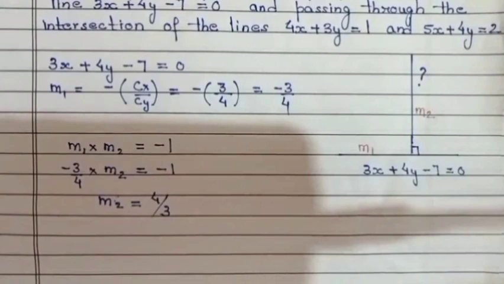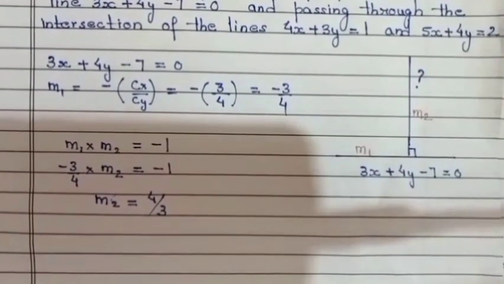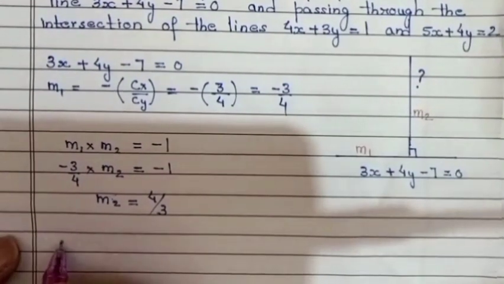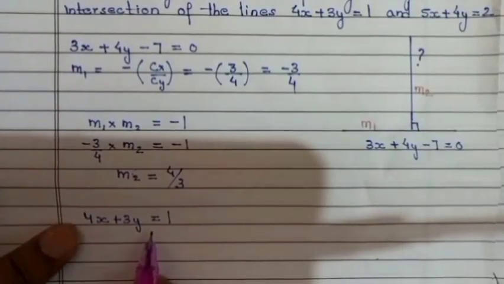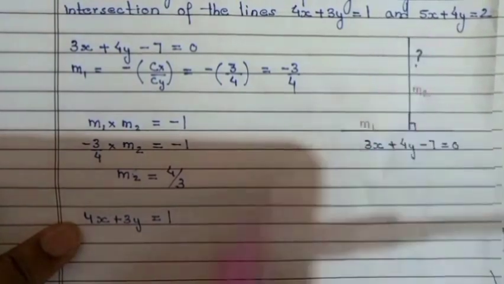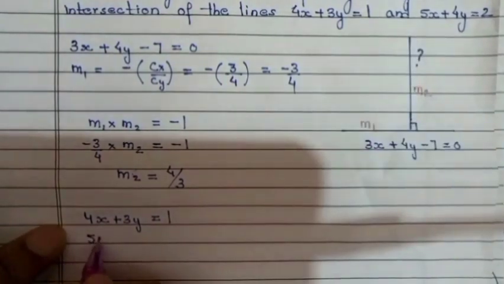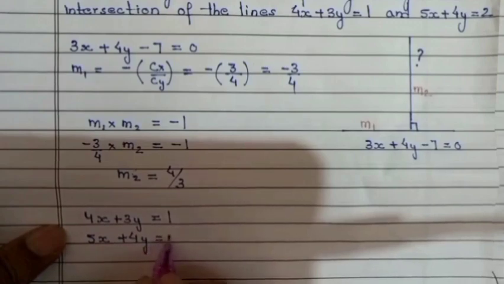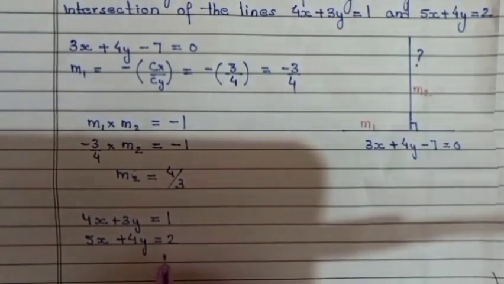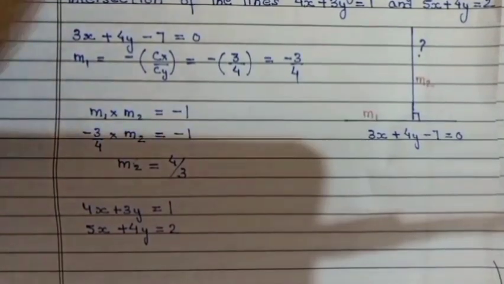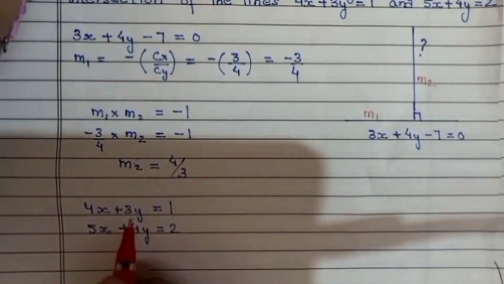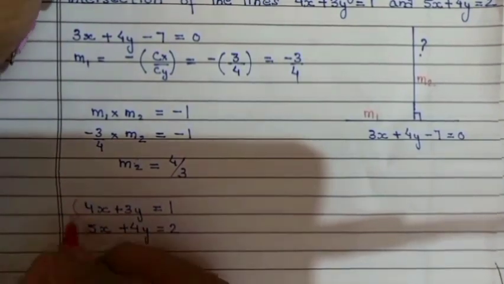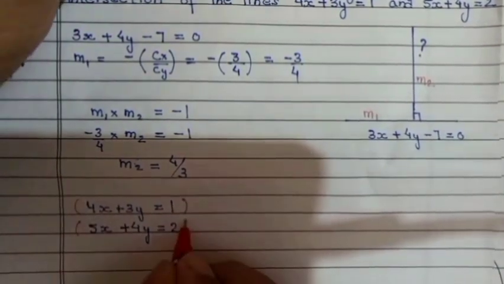So let's solve the equations. We will solve the two equations simultaneously. So the first one is this, the second one is 5x plus 4y is equal to 2. Now let us solve these two equations simultaneously to get values for x and y. So we are making coefficient of y the same.